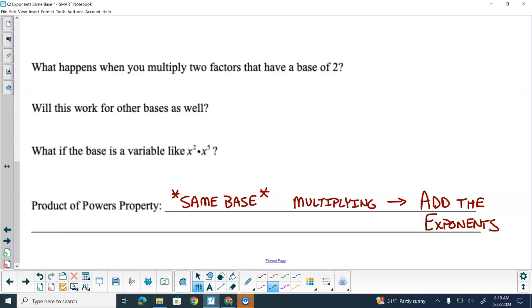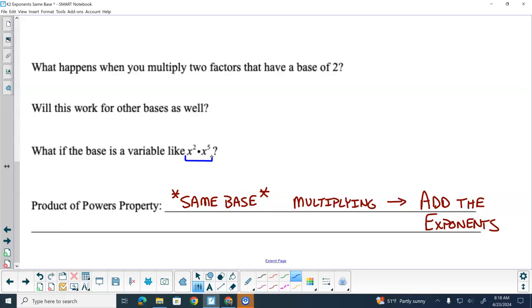So for instance, in the line right above that, if the variables are like x squared times x to the 5th power, right here, x squared times x to the 5th power, do we have the same base? Yeah, because they're both x's, right? Okay. So the base, remember, is the number below the exponent.